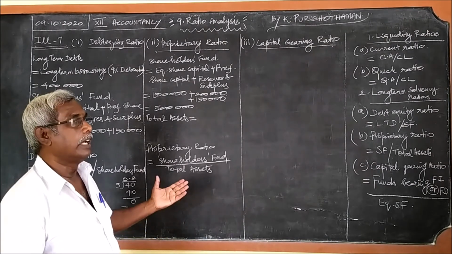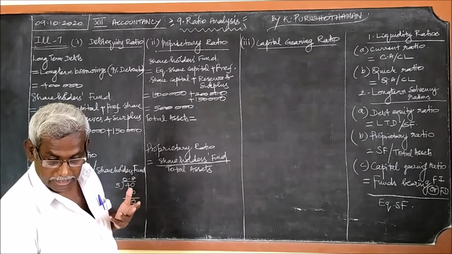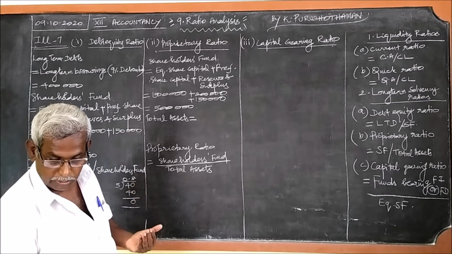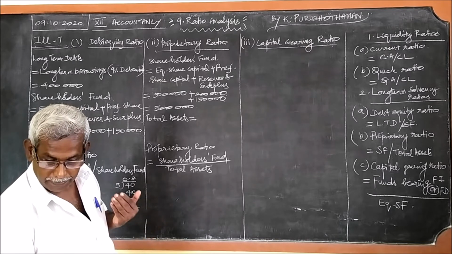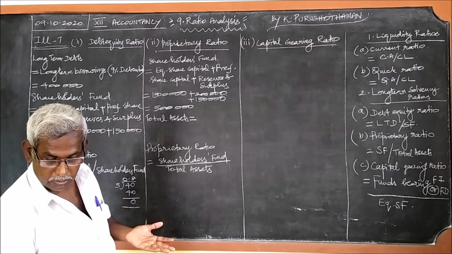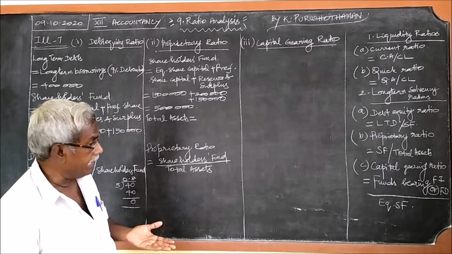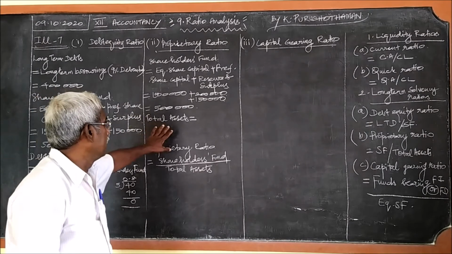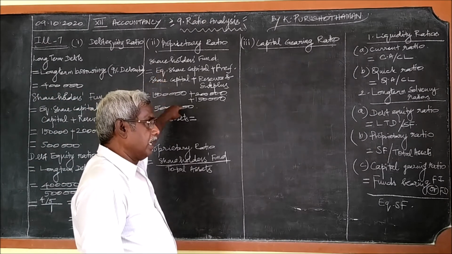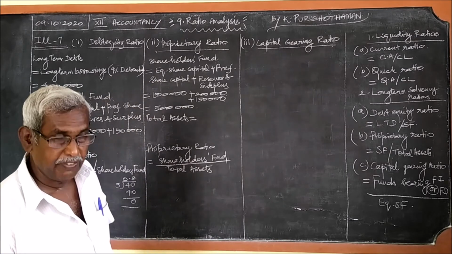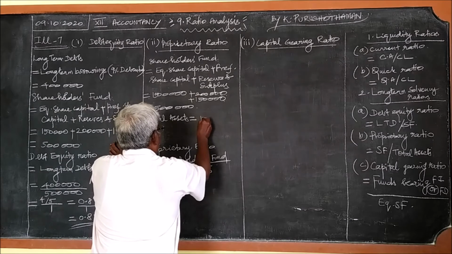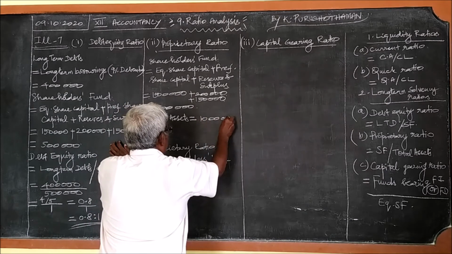Therefore, you need not add all the items, that is, fixed assets, inventories, trade receivables, cash and cash equivalents, other current assets, expenses in advance. You need not write them here and find the total like this, because the total assets itself is given in the book. So you can write simply total assets 10 lakhs.